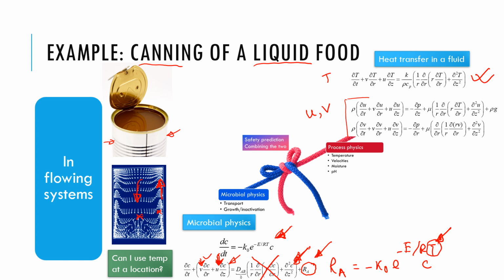And by coupling the two, I obtain concentration anywhere really inside the container, and therefore I can predict the safety. So this again is another example of the physics framework for safety that combines the physics framework for bacteria and the physics framework for the process.